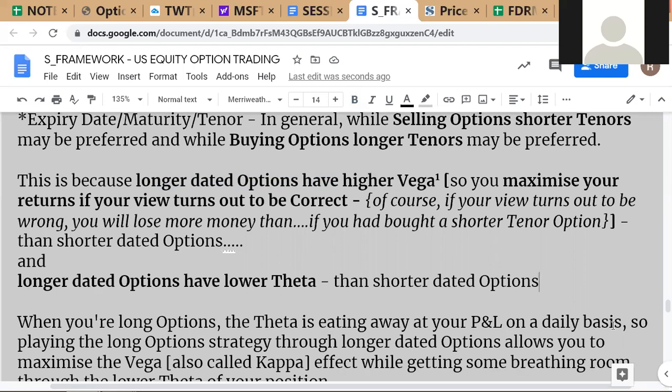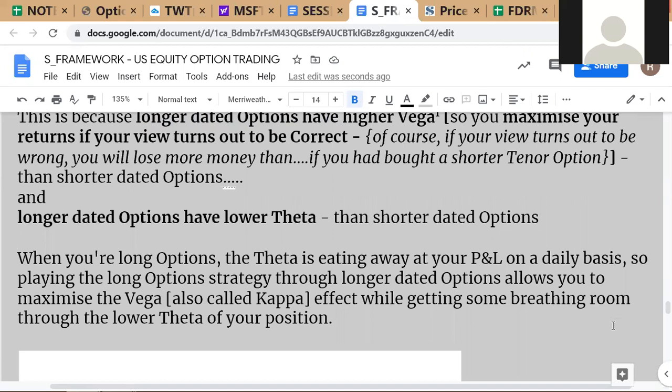Okay, so why is this? What is the meaning? What is the implication of that? Why do longer dated options have lower theta? So when you're long options, the theta is negative. Right, so you can see the logic here.